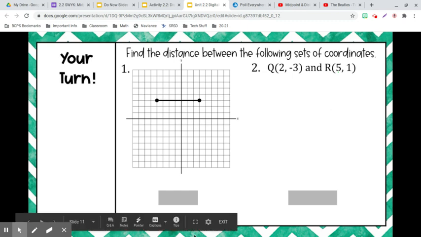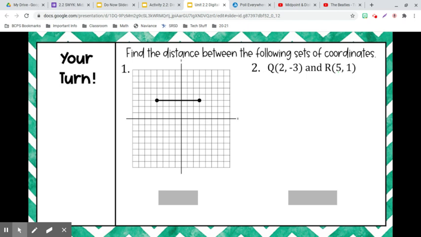All right, I got my formula. My points are Q is 2, negative 3, and then R is 5, 1.